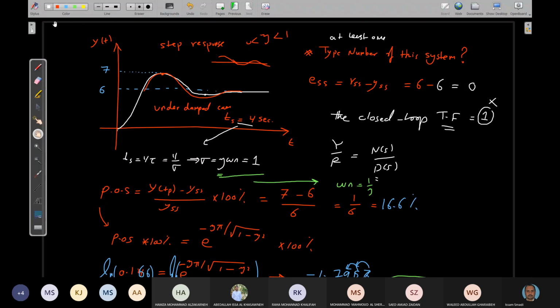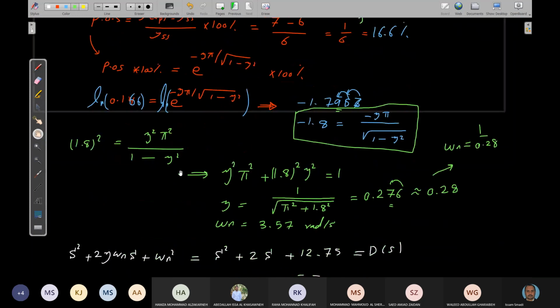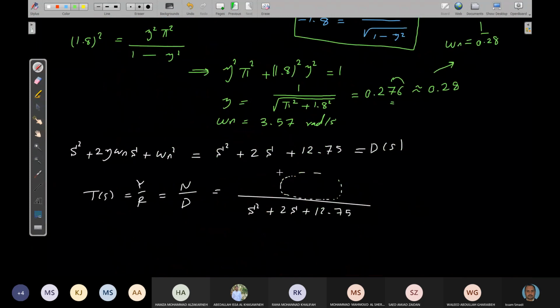But here I'm assuming that the input is 6, so simply the DC gain must equal 1, because the steady state error is equal to 0. The response here is for a step response for R of t equal to 6 U of t. In this case, the DC gain is equal to 1.